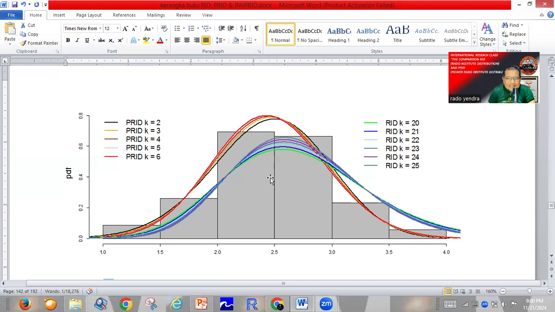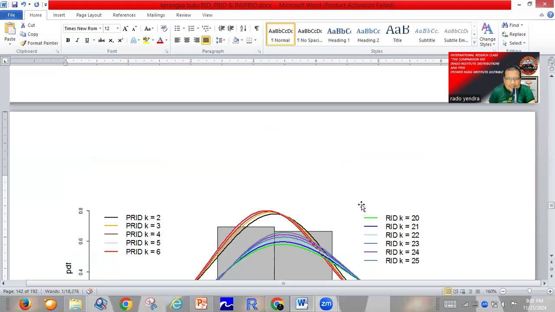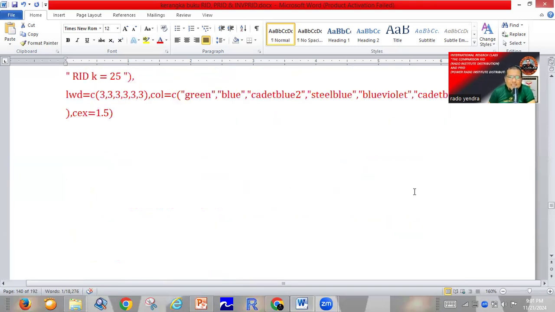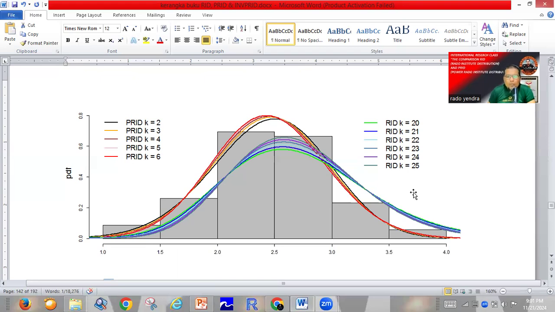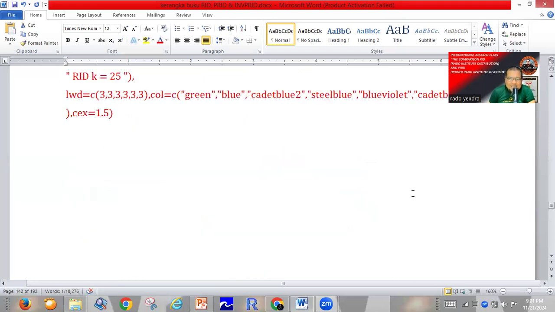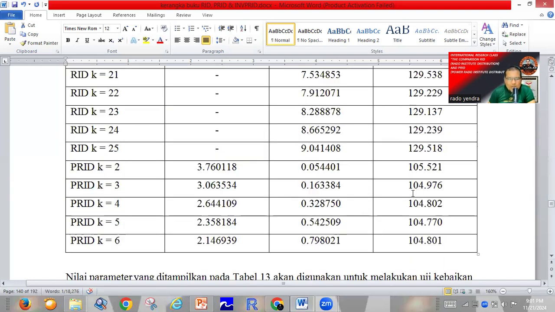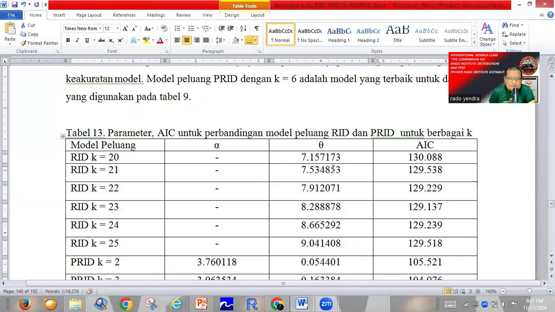So from the two goodness-of-fit tests, first using the AIC value and second using the density plot, for the data in table 9 we can conclude that the PRID is better than the RID. The best one is PRID with K equal to 5 because its AIC value is the lowest among the other models.